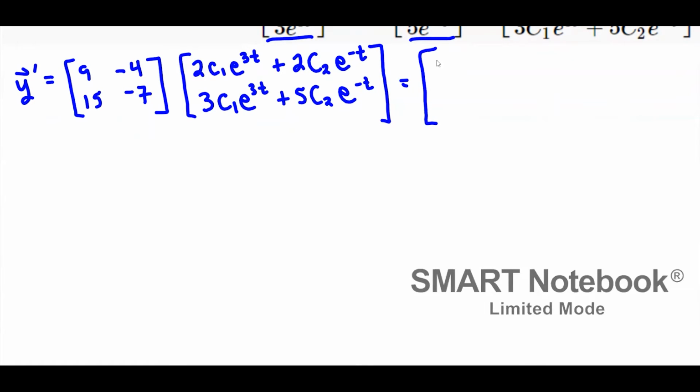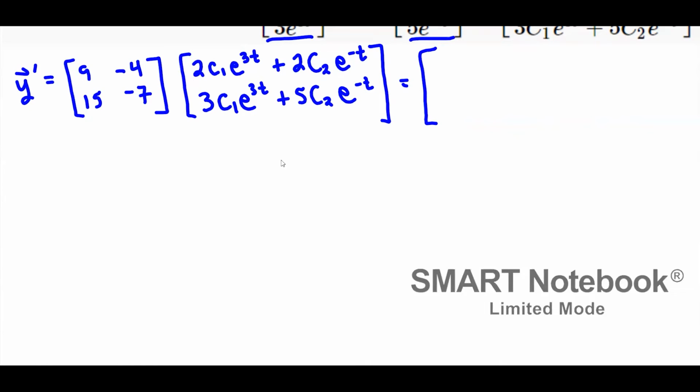For this first entry, I'm going to multiply this guy by 9 and this guy by -4 and then simplify. So I'm going to try to do those at one time, so you'll see what I'm going to do here. 9 times 2 is 18. -4 times 3 is -12.